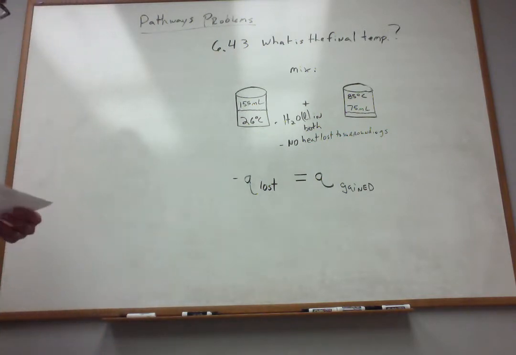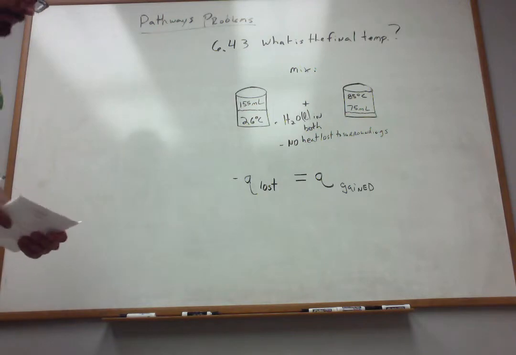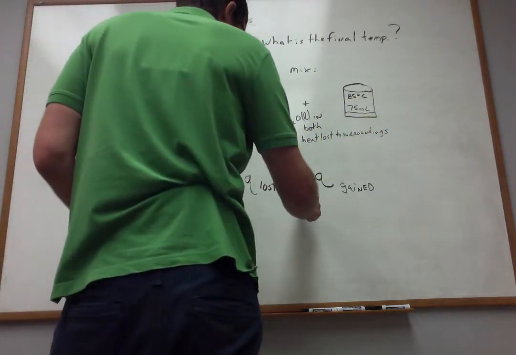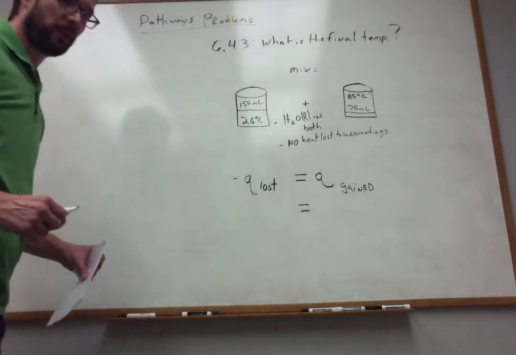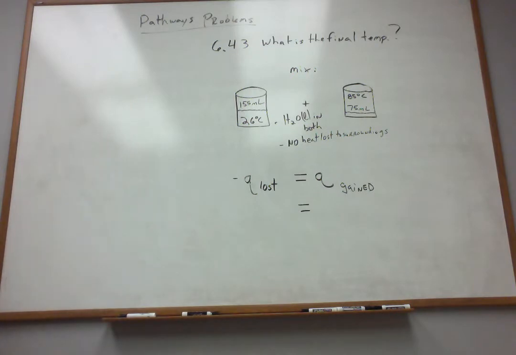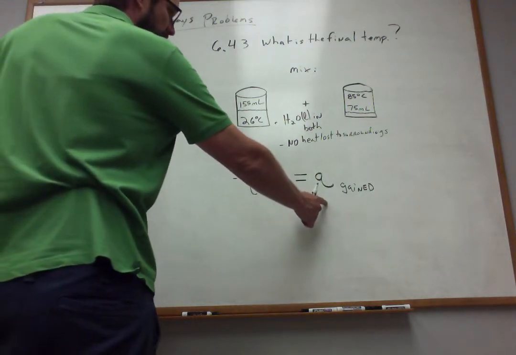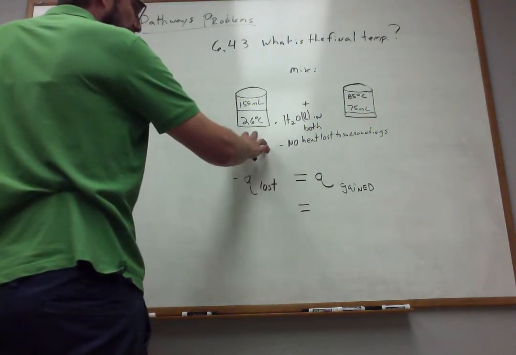Now once we write that statement and establish that as truth, we're really off running now. Because in previous problems, we learned all about how to calculate heats associated with warming or cooling objects, right? So could I compute how much heat is going to be gained by this beaker?